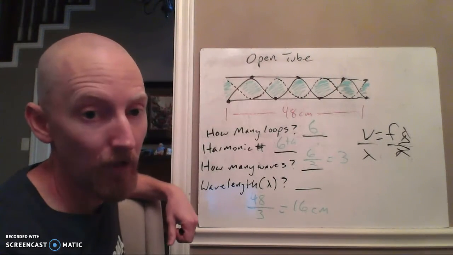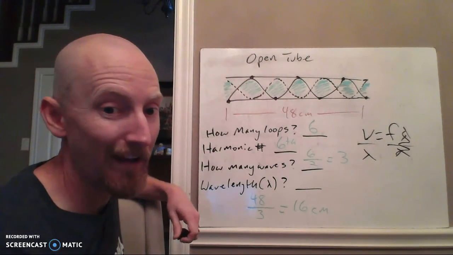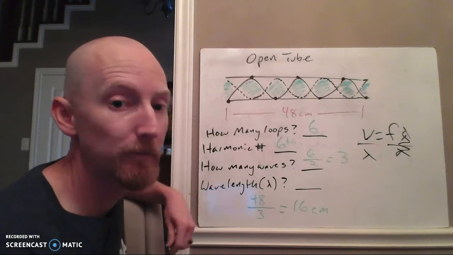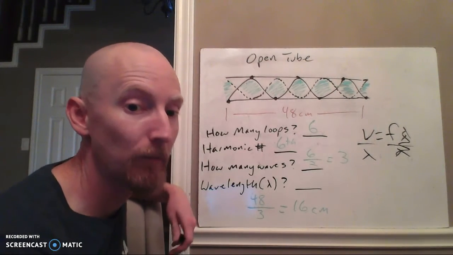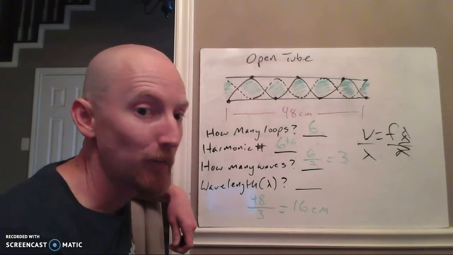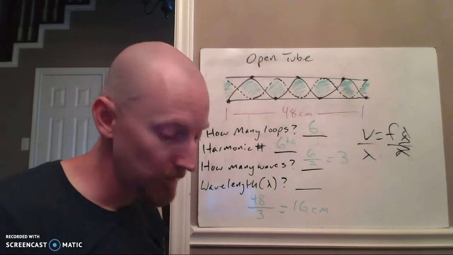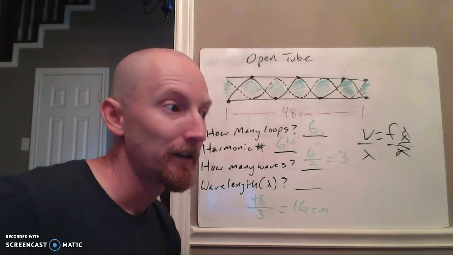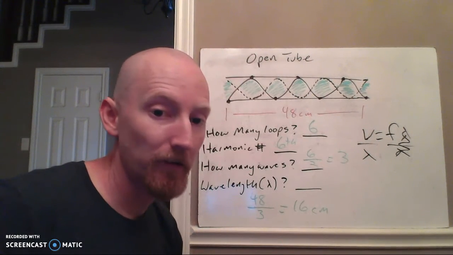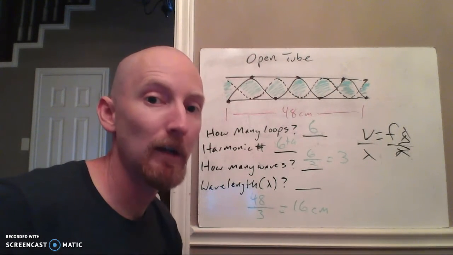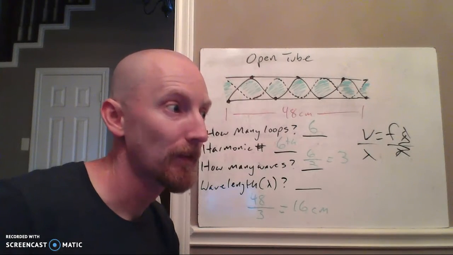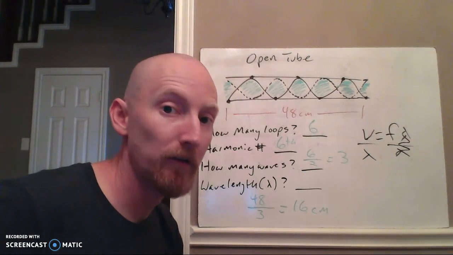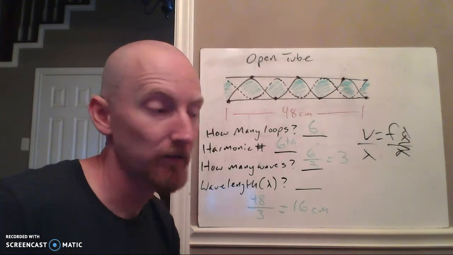Now, the velocity of the wave. You're probably going to know what this is. All waves moving through the same stuff have the same velocity. That's why there is such a thing as speed of sound, because sound waves are waves, and they travel through air. So all sounds that you hear are moving at the same speed right now. So chances are the problem probably tells you what the speed of sound in air is.